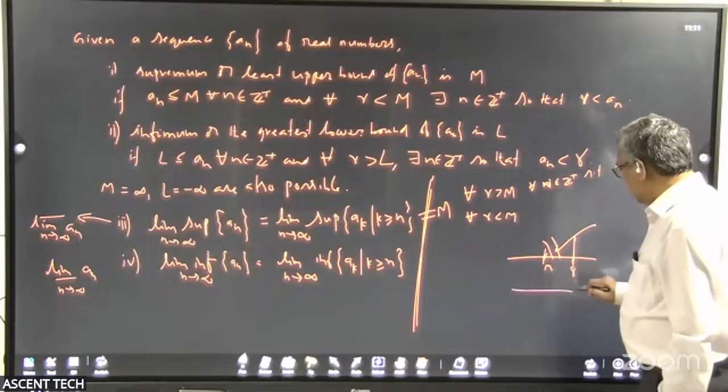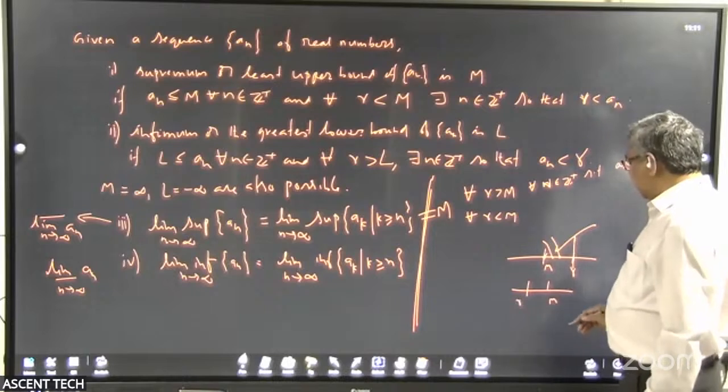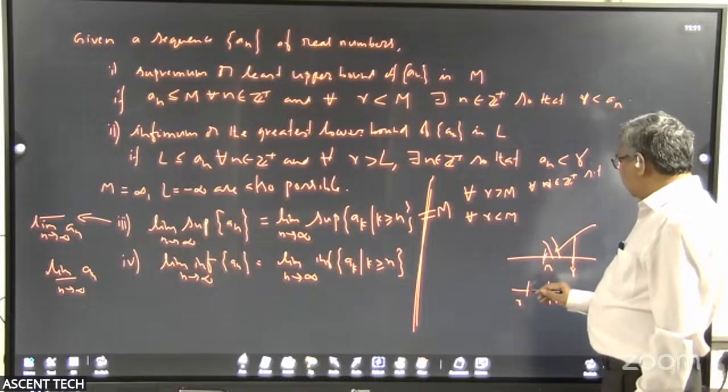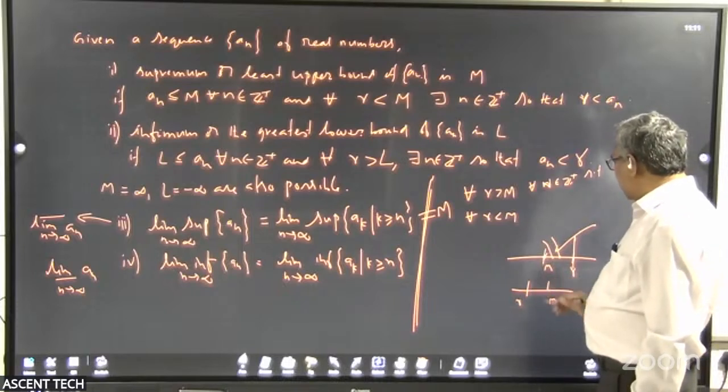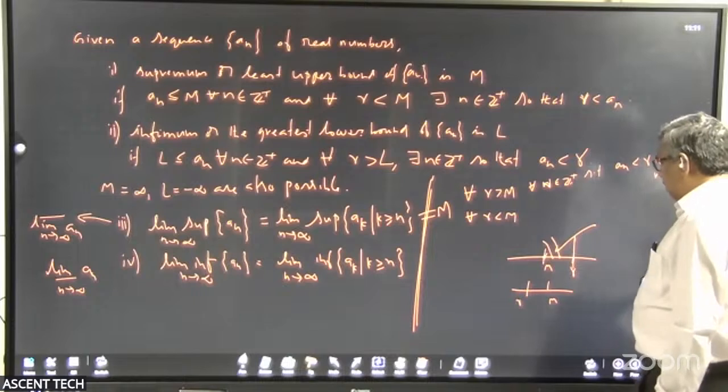Whereas if I look at it on the left hand side, then I see that because the limit is this, many things will have to cross this gamma. In fact, things have to cross this gamma. Okay.